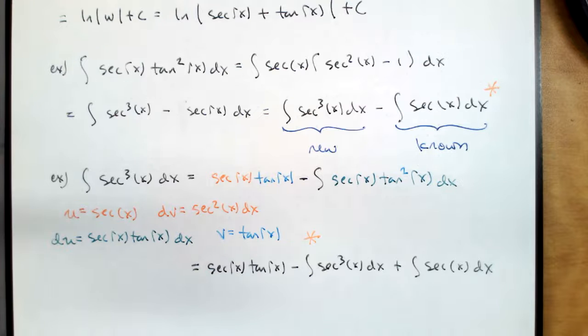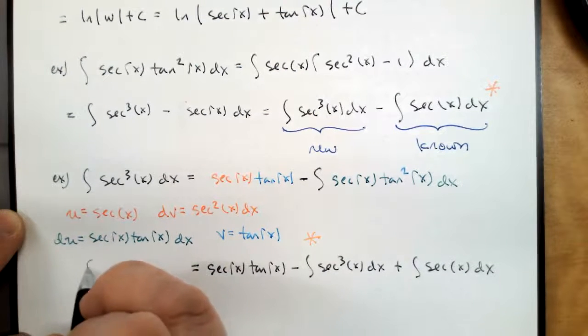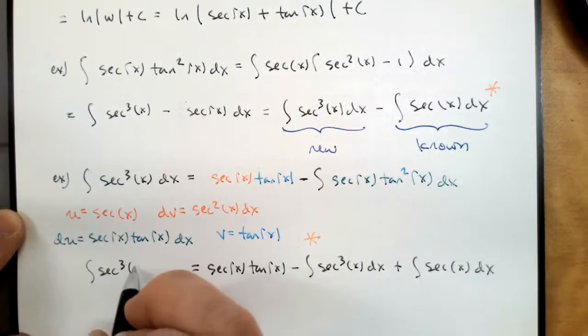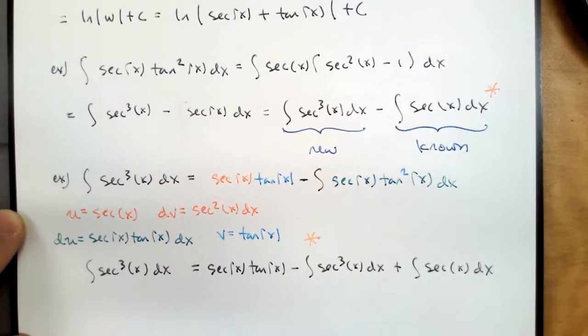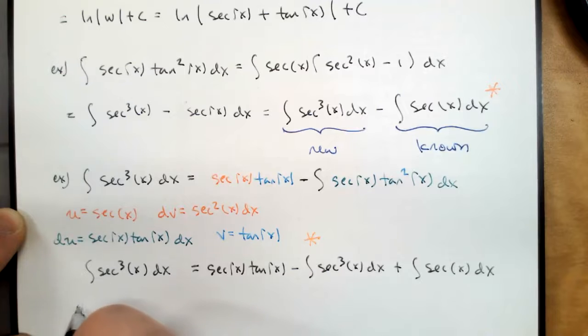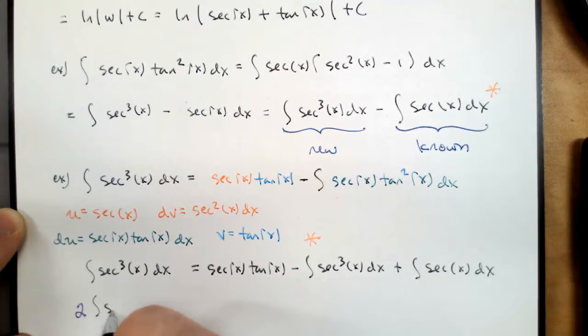Now, the reason that this is important is that the integral that we're looking for is this secant cubed x. And a copy of it has just shown up on the other side of this equation. So if I just add a copy of secant cubed x, two integrals of secant cubed is a secant tangent.